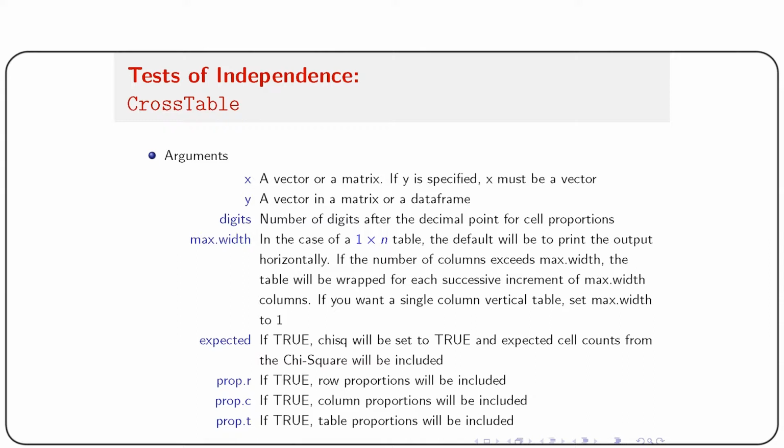Expected, if true, then chi-square will be set to true and expected cell counts from the chi-square will be included. Prop.r, if true, then row proportions will be included. Prop.c, if true, then column proportions will be included, and prop.t, if true, the table proportions will be included.